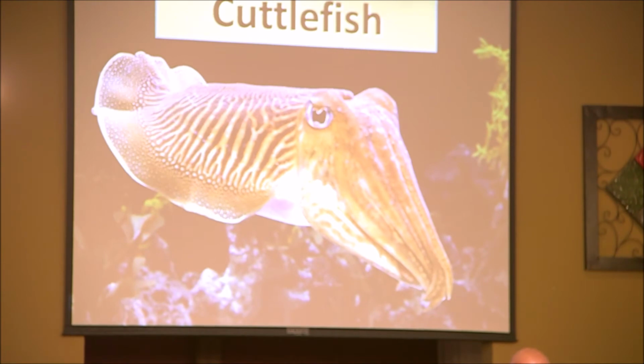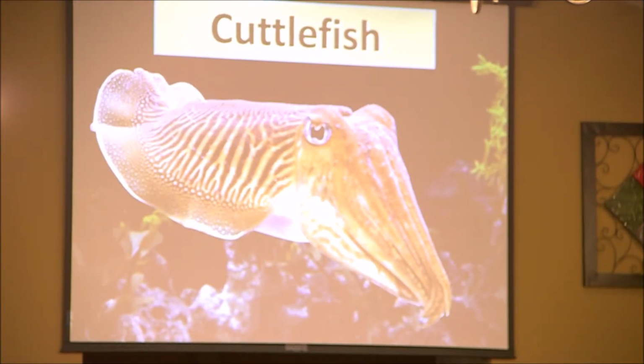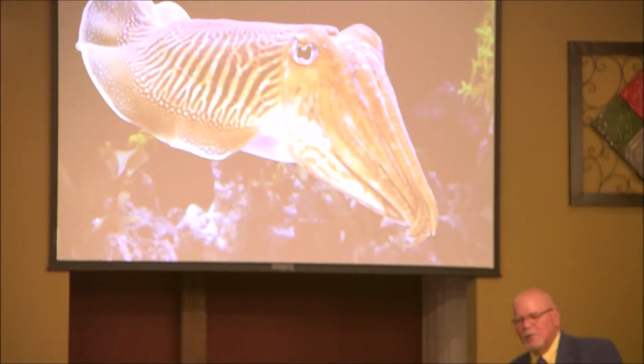Anybody ever heard of a cuttlefish? You don't cuddle with them. No. Okay, here's a cuttlefish. The cuttlefish are interesting because they can change colors, shapes, and texture on their skin. They even have the ability to turn on the lights. They can swim.